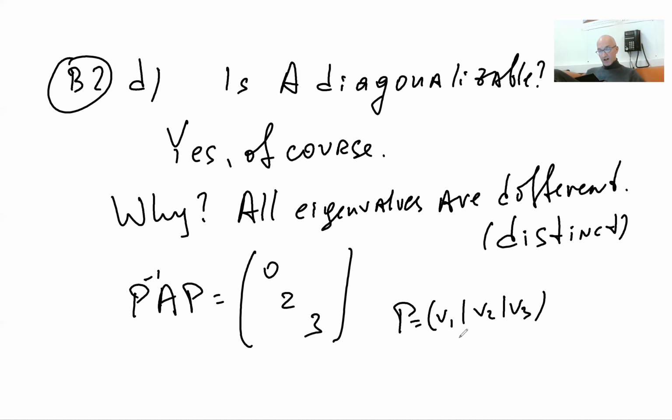These are the eigenvectors of the matrix A we found on the previous slides. v1 is the eigenvector with eigenvalue 0, v2 is the eigenvector with eigenvalue 2, and v3 is the eigenvector with eigenvalue 3. We already found them, so I will not write them down here.